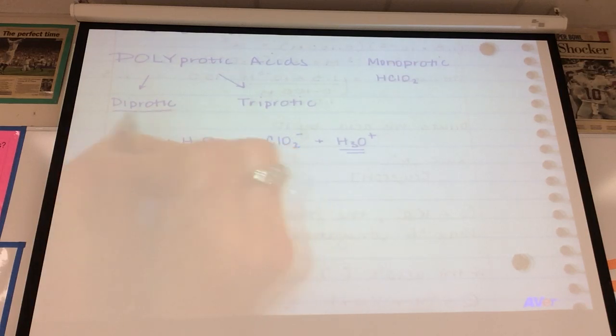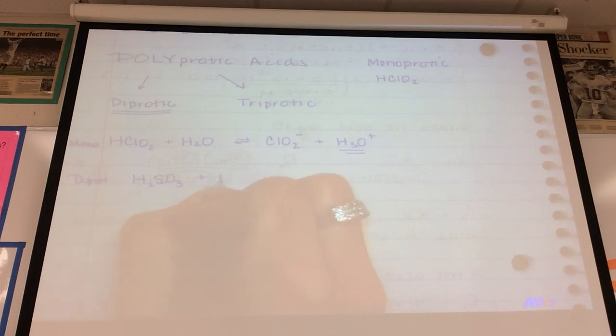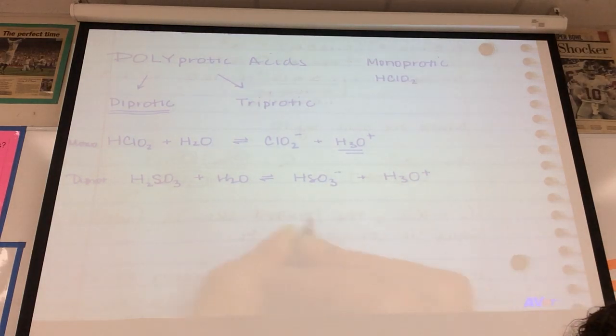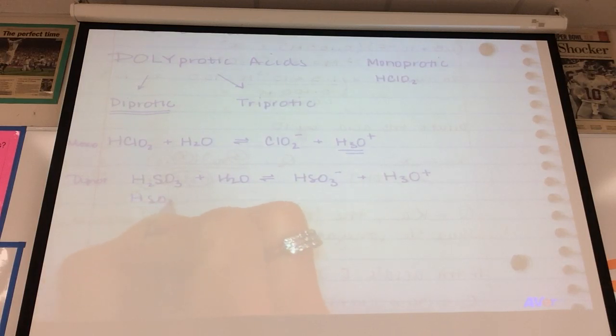In contrast, with your diprotic acids, you are going to have more than one ionizable proton. For example, sulfurous acid, and then the conjugate base of sulfurous acid can ionize as well.